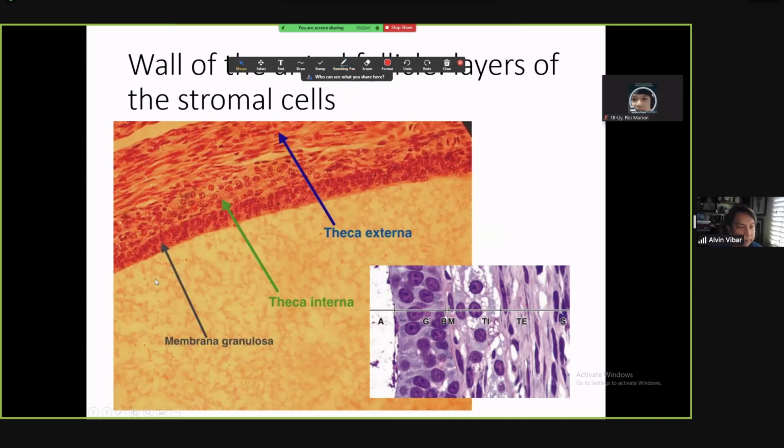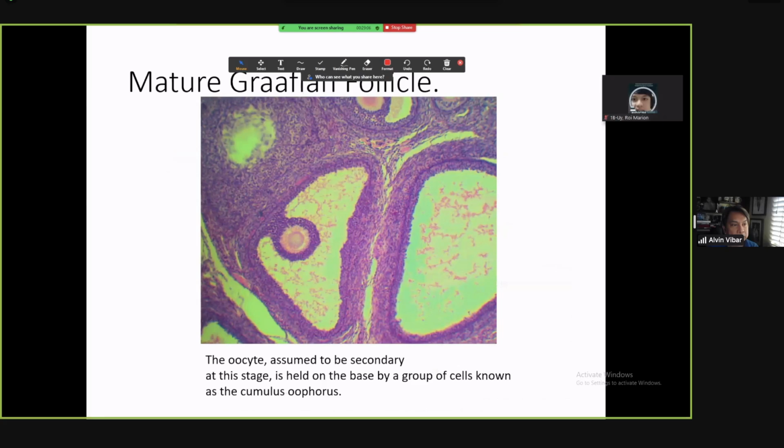So the group of cells lining the cavity, we call the membrana granulosa. And then from inside to outside, you have your theca interna, and then your theca externa. This is more or less the appearance of a mature Graafian follicle.